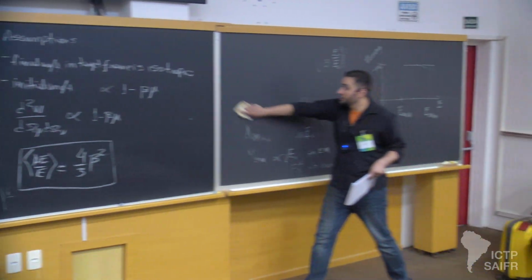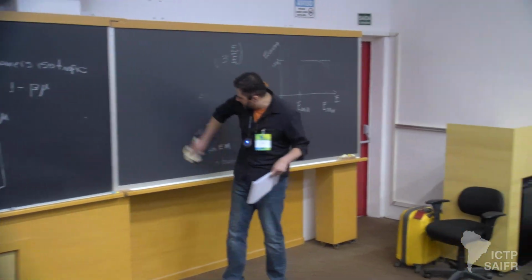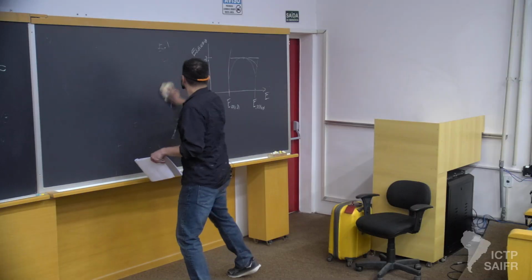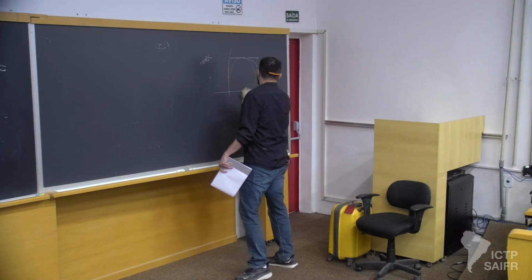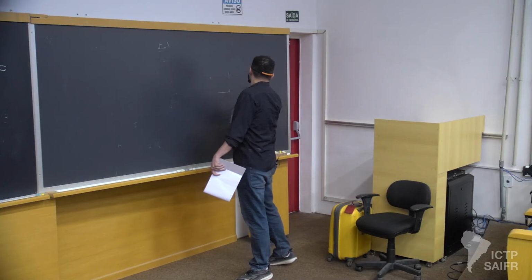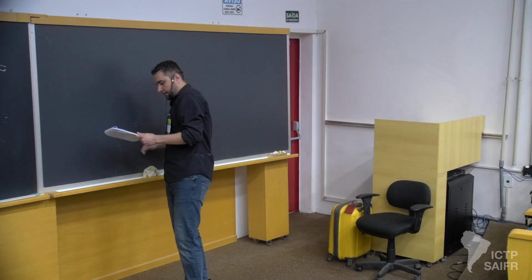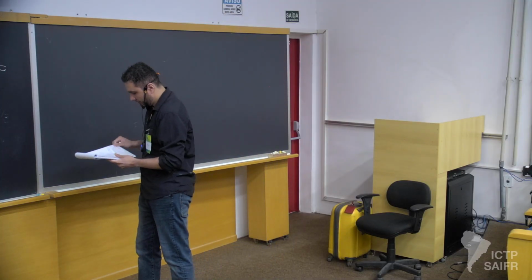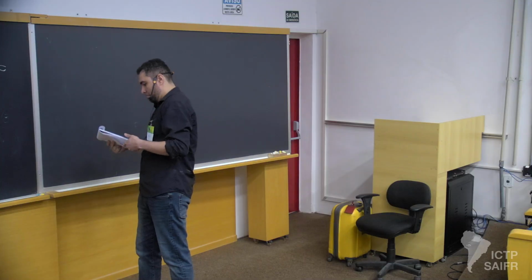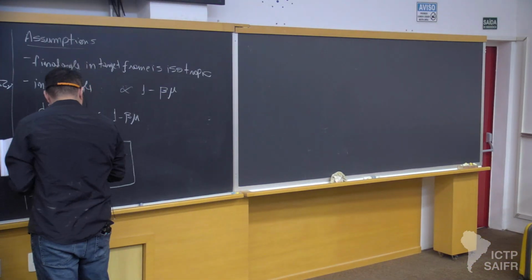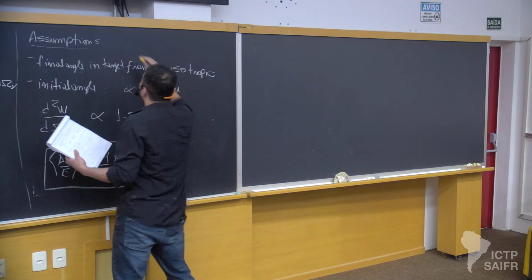Now, I'm going to use exactly the same type of derivation for the first order. So now, assumptions, let me write that this is Fermi 2.